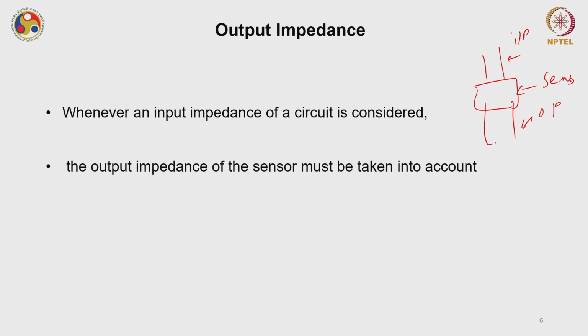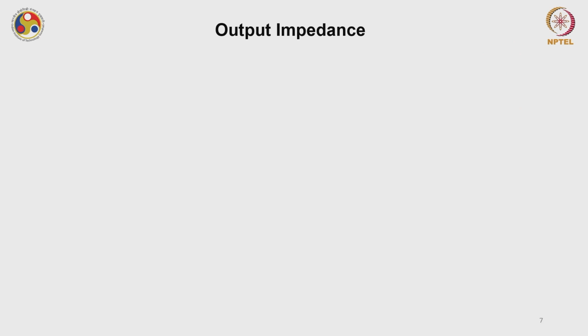There is some impedance of this, and your circuit will be attached to this. So the input impedance of this circuit has to be matched well with the output impedance of the sensor. That's why I am mentioning again and again that whenever the input impedance of a circuit is considered, the output impedance of the sensor has to be taken into consideration.